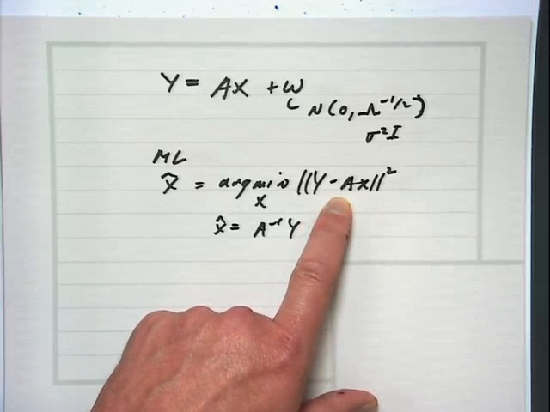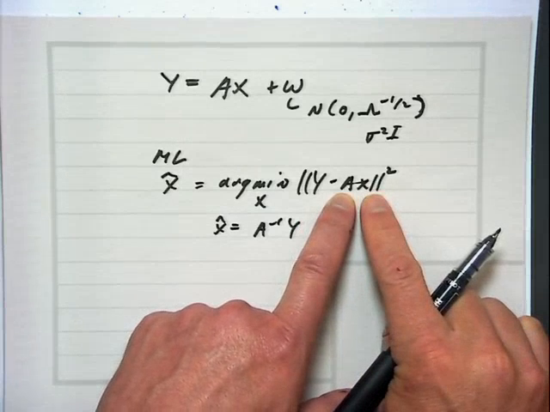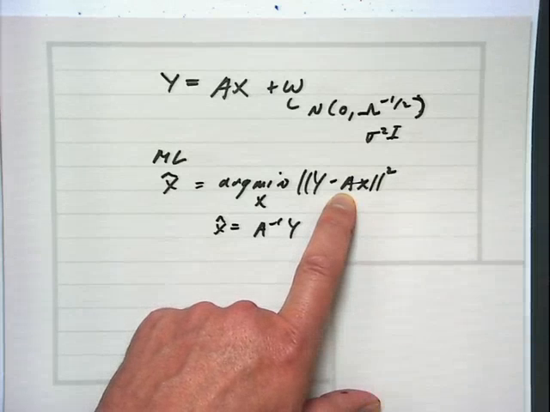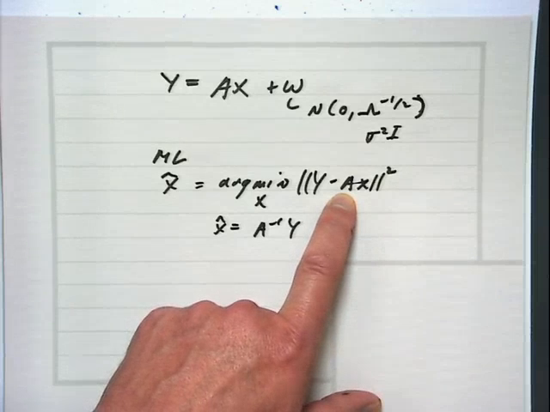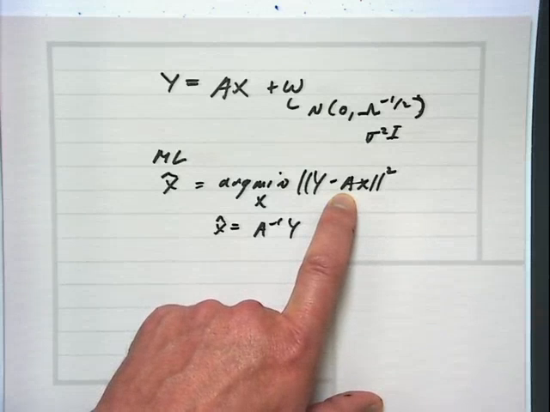It could be that A has a null space. If A has a null space, you can always add any member of the null space to the solution, and it doesn't make any difference. So again, the pseudo inverse picks one of those solutions.